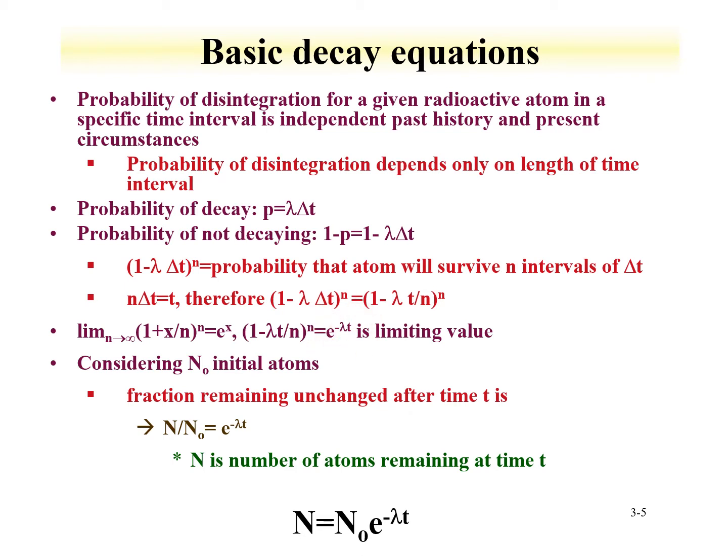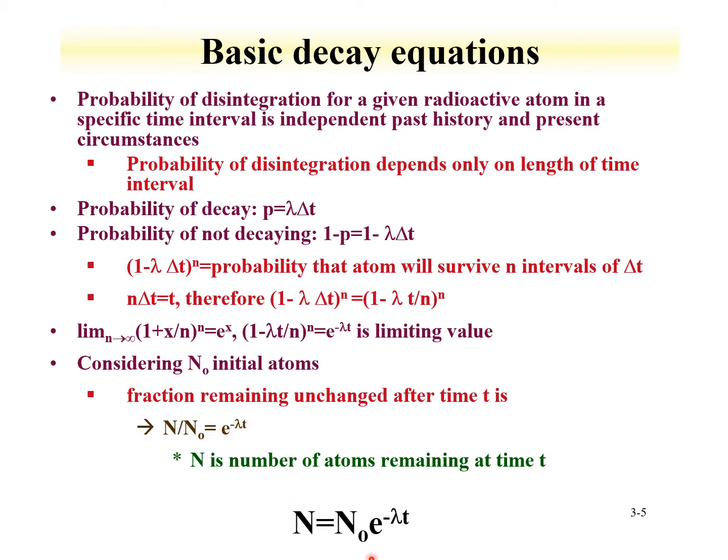So this is how we derive one of the fundamental terms in an equation to talk about radioactive decay. If we have N naught initial atoms, we want to know the fraction that's unchanged in time t. We've seen this equation before, where N is the number of atoms remaining at time t. So N divided by N naught is equal to e to the minus lambda t.